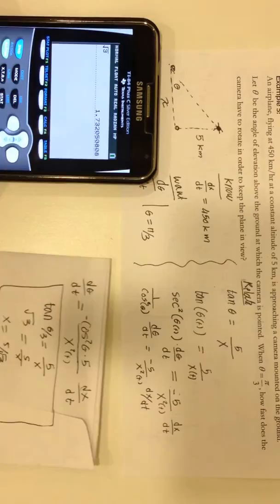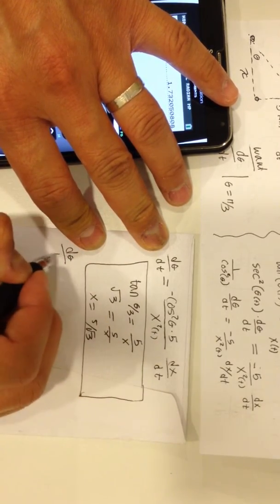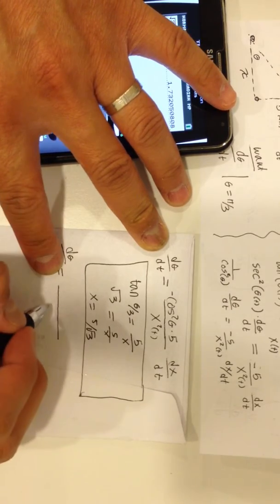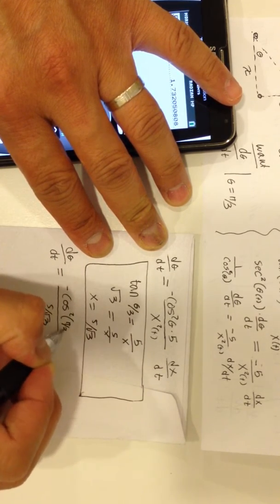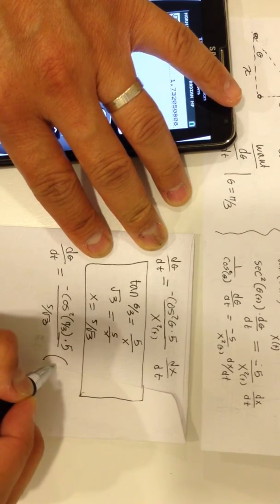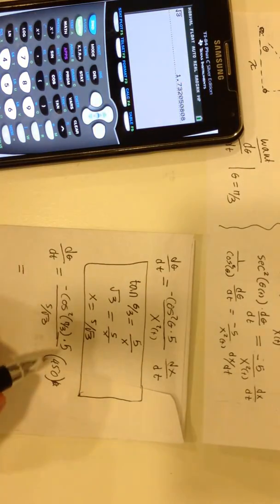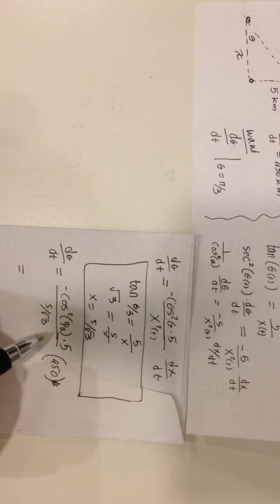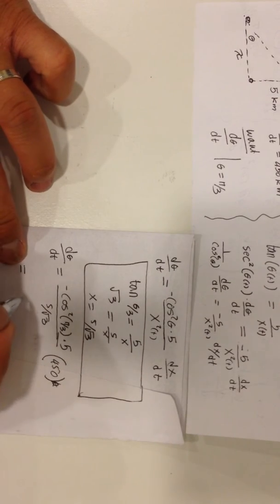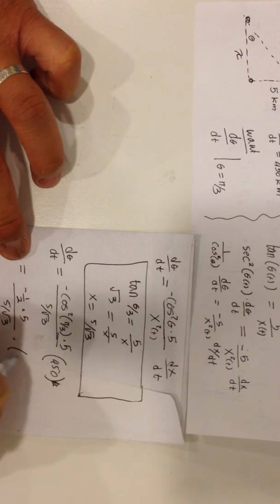So we know what x is, and we're going to plug it in there. dθ/dt would be equal to negative cosine squared of π over 3 times 5, divided by the quantity 5 over root 3 squared, times 450 kilometers per hour. Cosine of π over 3 is going to be 1/2, so we look at negative 1 over 2 squared times 5 divided by 5 over 3 times 450.